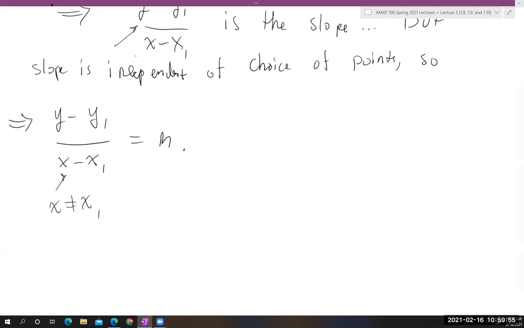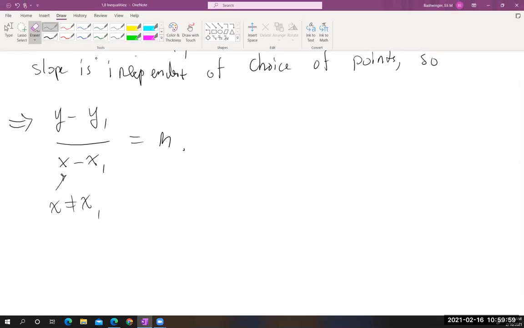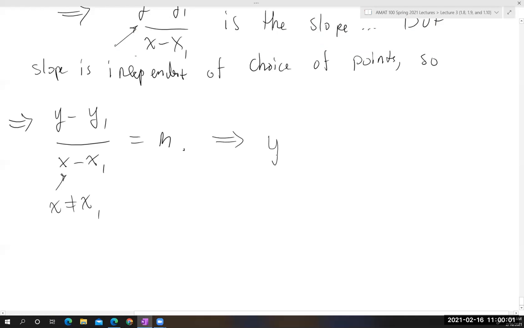So we can solve for this, and then what we'll obtain is y minus y1 is equal to m times x minus x1. And then we can simplify this further by adding y1 to both sides.